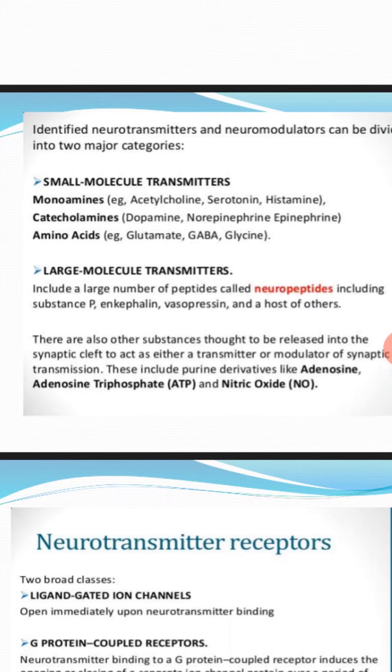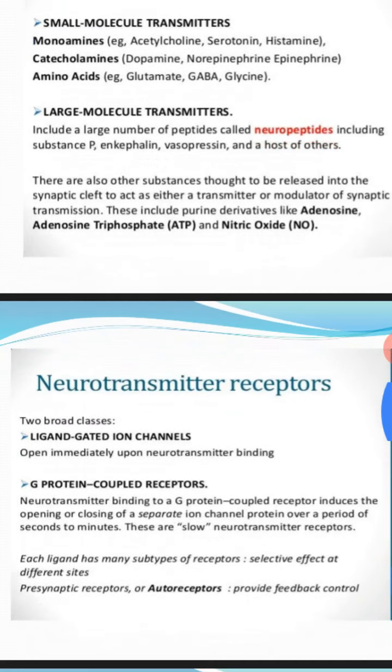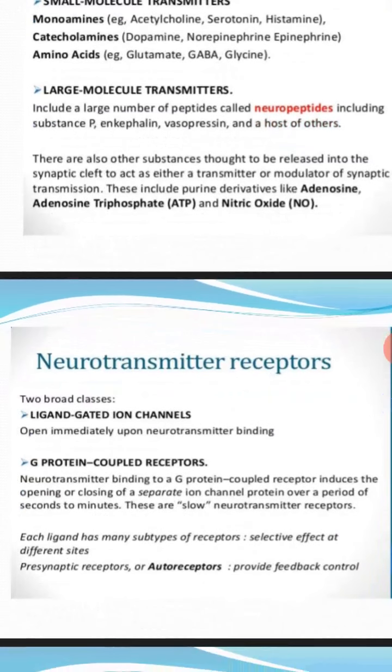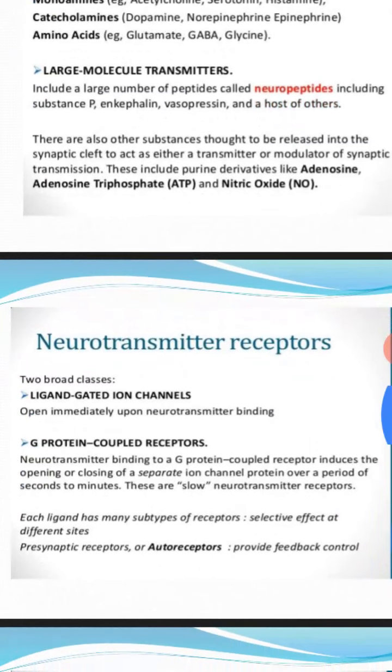Neurotransmitters have receptors. Two broad types of receptors are there: one is the ionotropic and the second is the ligand gated. If we take the ligand gated receptors, they open immediately when the neurotransmitter binds.